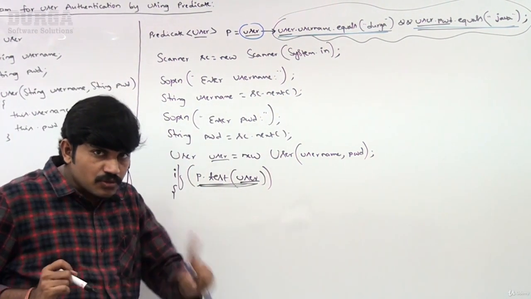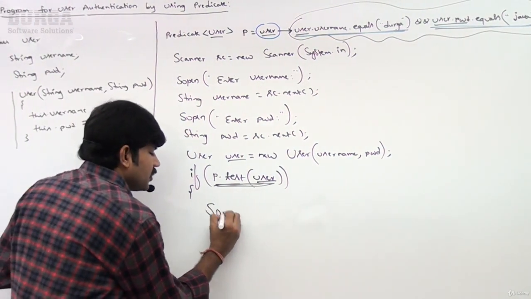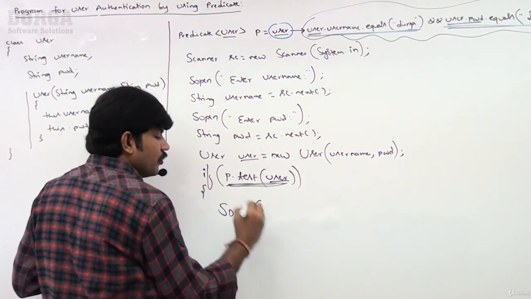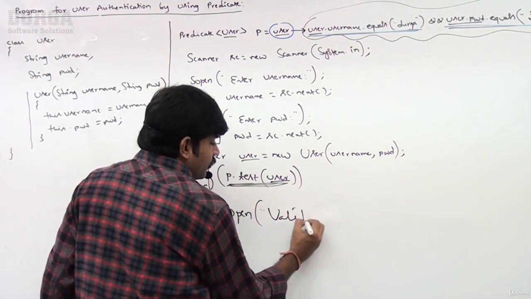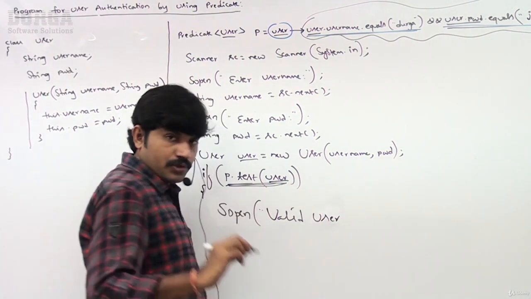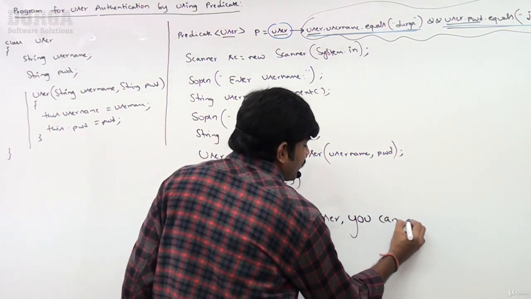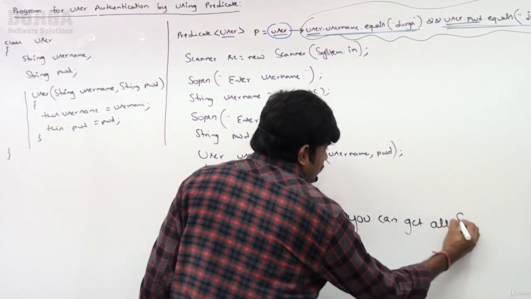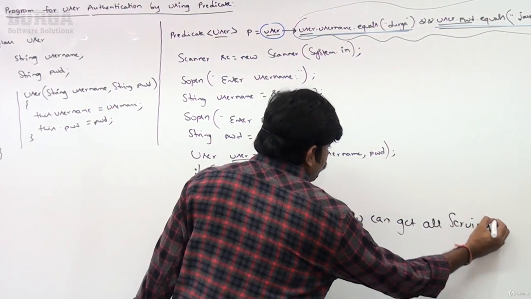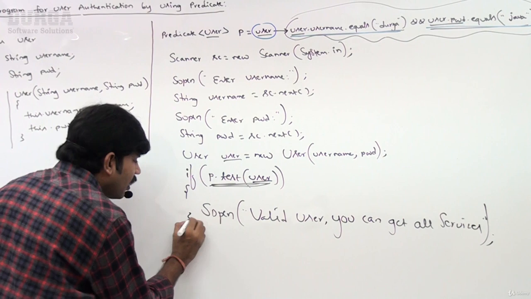If it returns true, then System.out.println, valid user, and you can get all services. You are the valid user, sir. You can get all services like this.